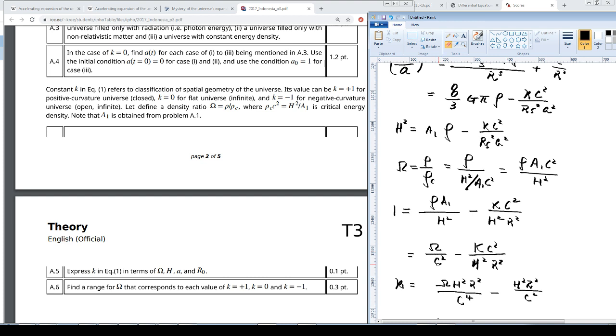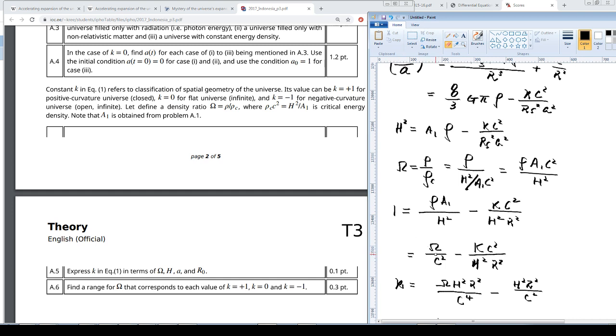Omega over c squared. I am dividing everything by c squared, h squared, r squared. You see, that can already not be right, because I have a 1 here.